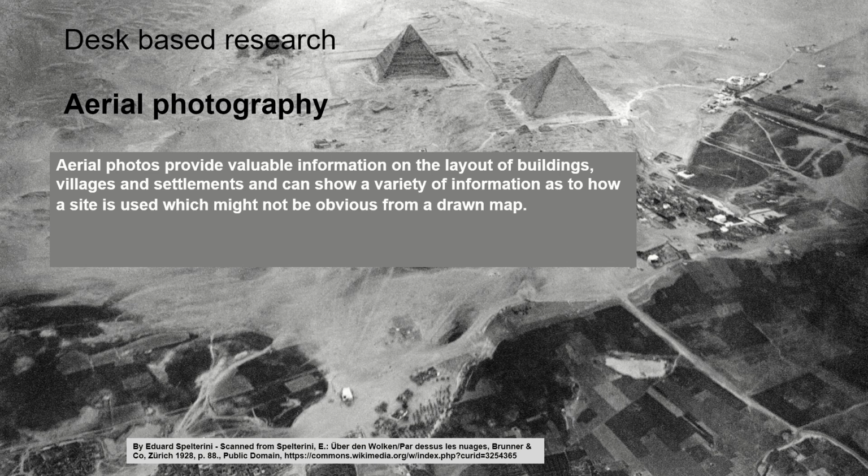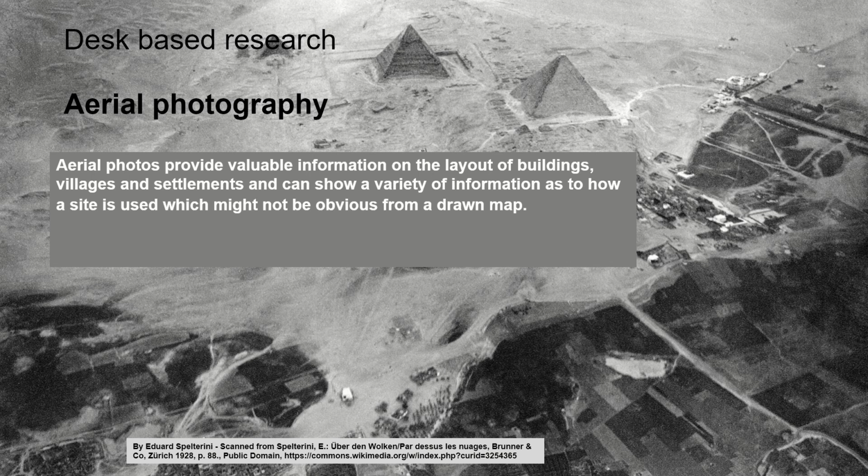So if we consider desk-based research first, one of the most useful things that we have at our disposal are aerial photographs. We can get valuable information from aerial photographs about the layout of sites, the proximity of buildings, the size of things, shadows that maybe are appearing.